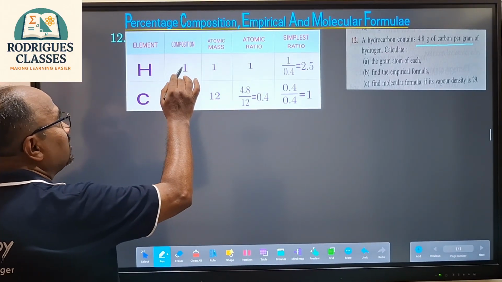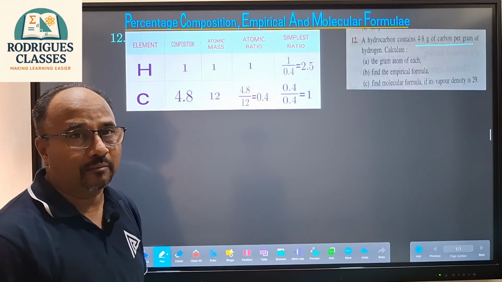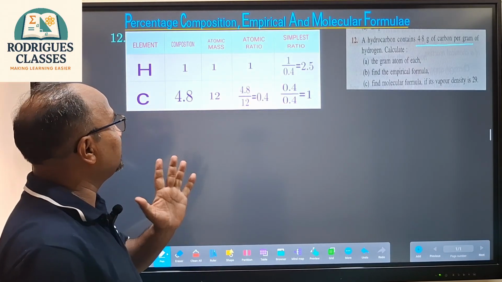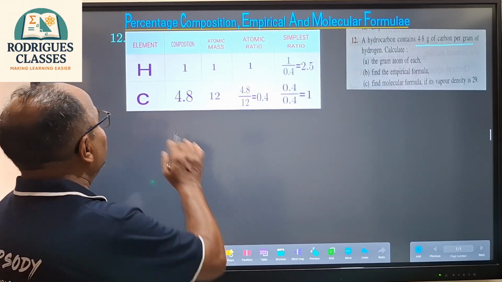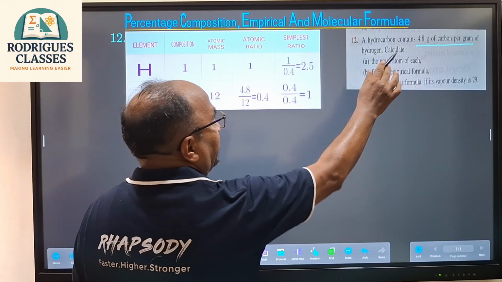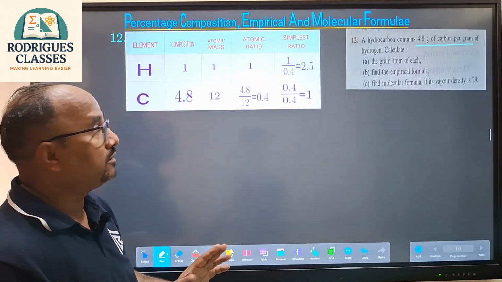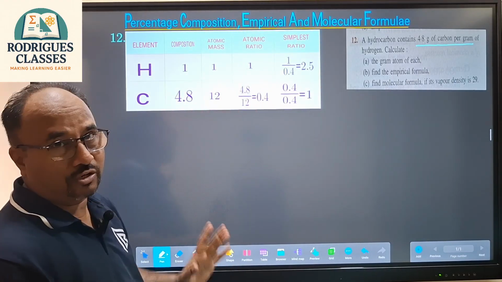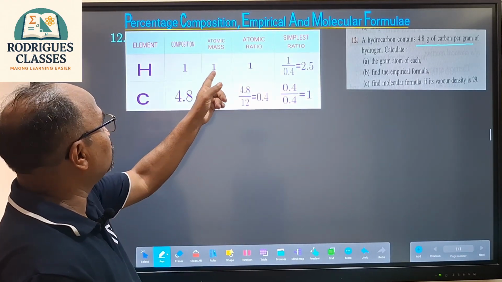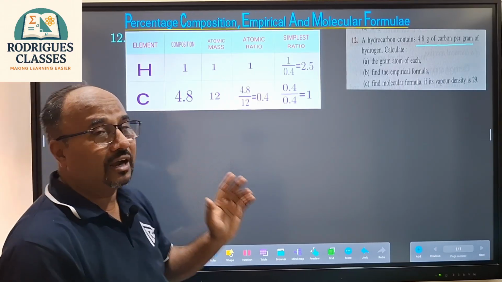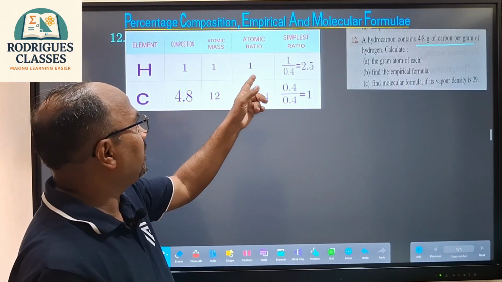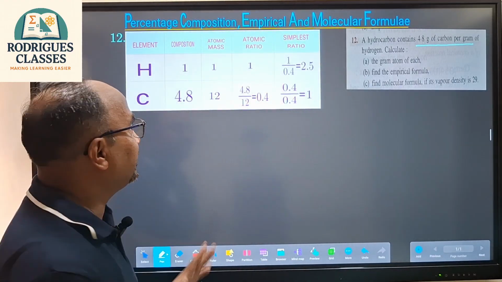So for hydrogen, I am taking here as 1 gram. Okay, the composition says it is 1, so 1 gram. And carbon is then 4.8 gram as shown over there. Atomic mass is written. Now, atomic ratio: mass of it divided by its atomic mass. So 1 by 1 will give you 1. So I have written there 1.